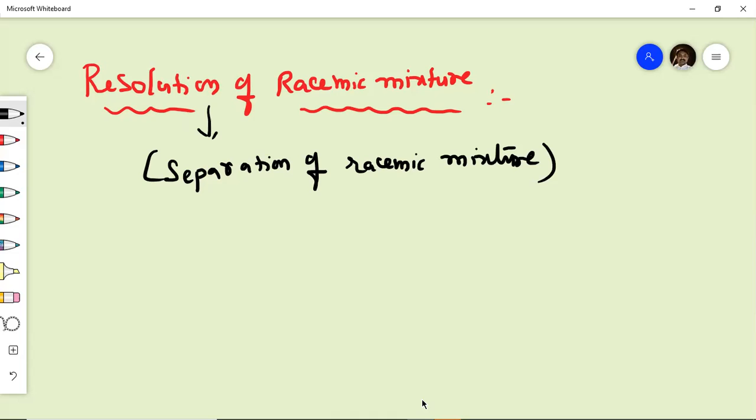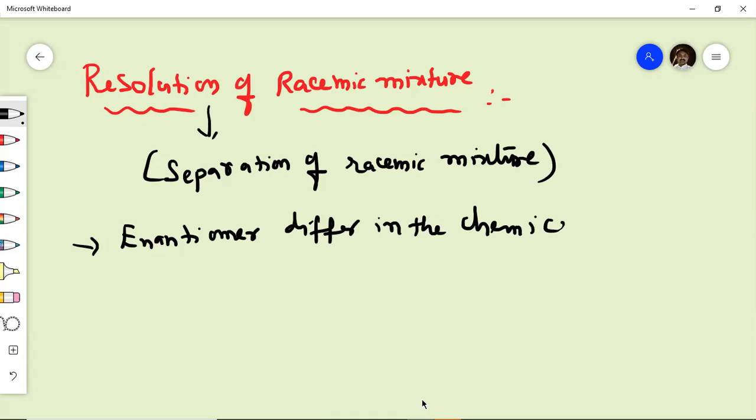Enantiomers, one point in the discussion. Enantiomers differ in the chemical action with an optically active substance.